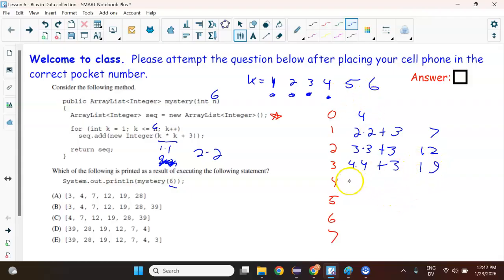Then it's going to be 5 squared plus 3. 5 squared, 5 times 5, plus 3, so that's a 28. And then the last one, k is 6, so 6 times 6 is 36, plus 3 is 39. It should be something like that. 4, 7, 12, 19, 28, 39. Okay, so it looks like letter C is going to be our answer.